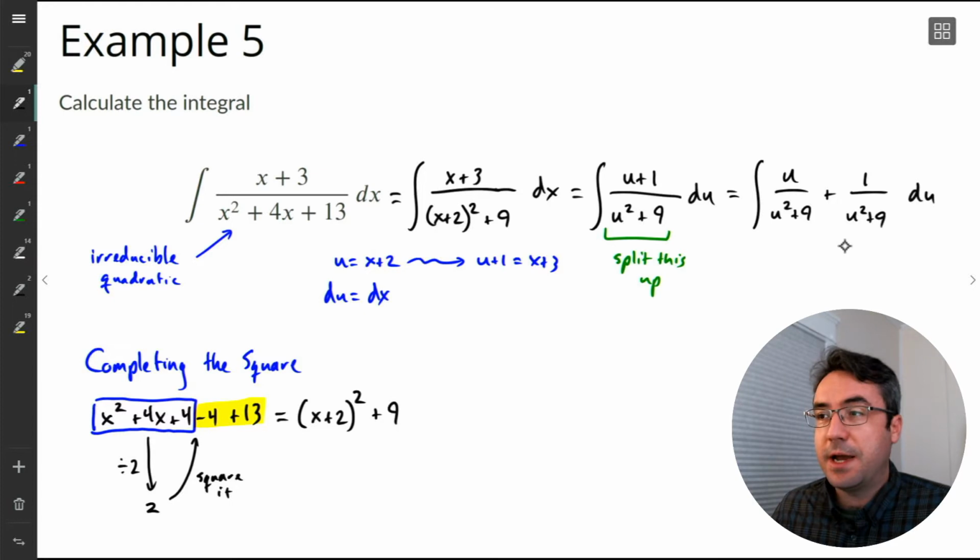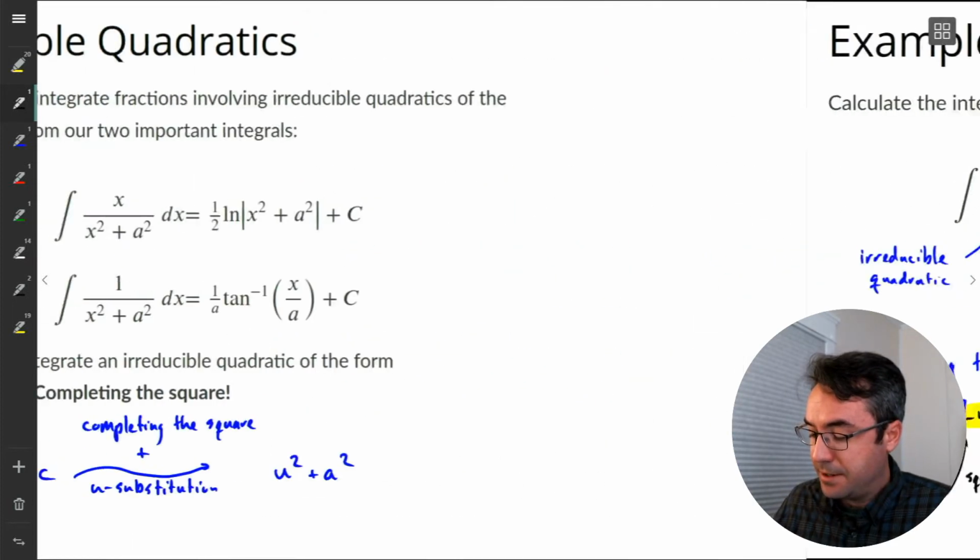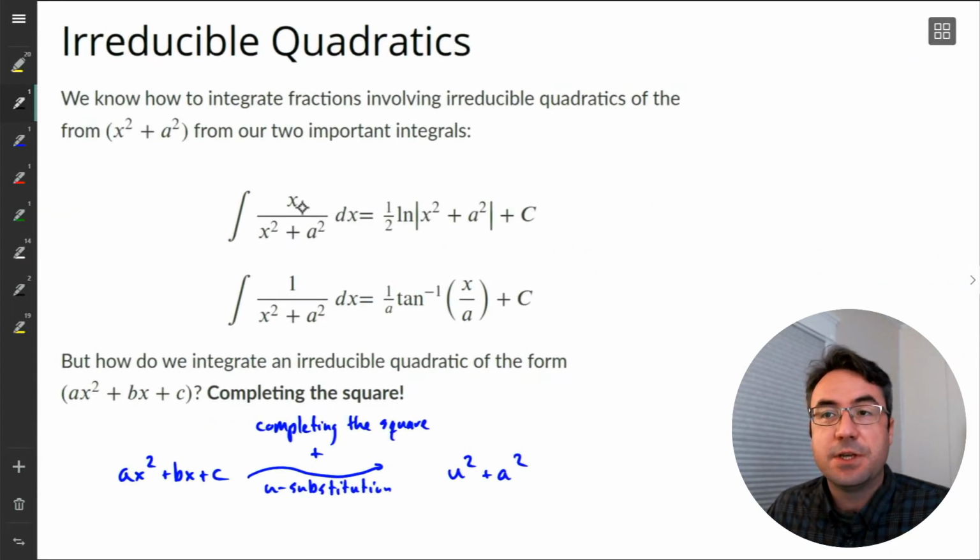So these are our two important integrals here. Let's go back. When it's x over x squared plus a squared, it's 1/2 the natural log of the denominator. And when it's 1 over x squared plus a squared, that's our inverse tangent one. So let's apply those two formulas.